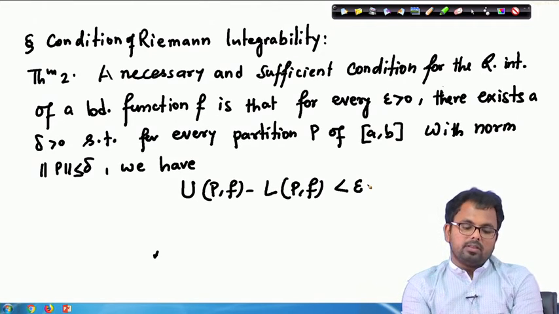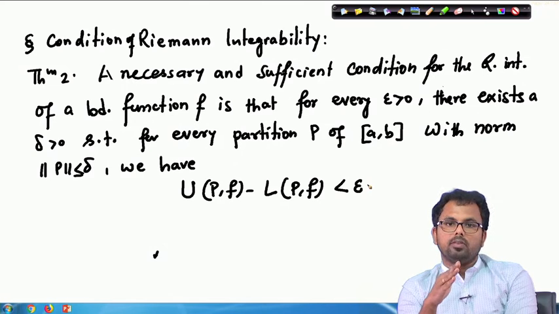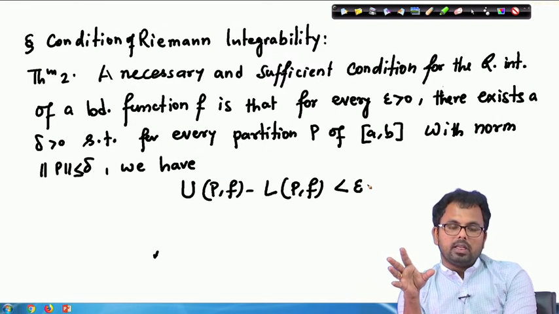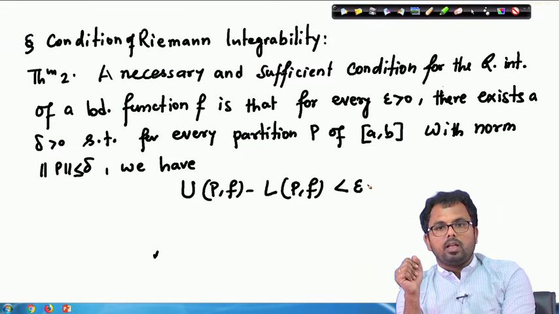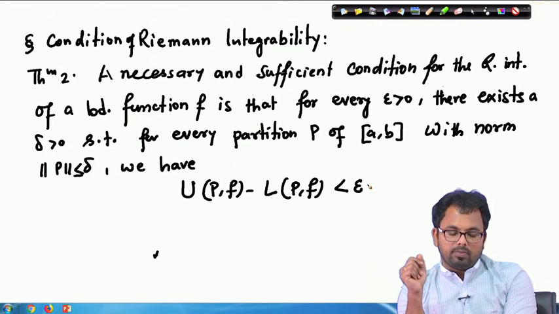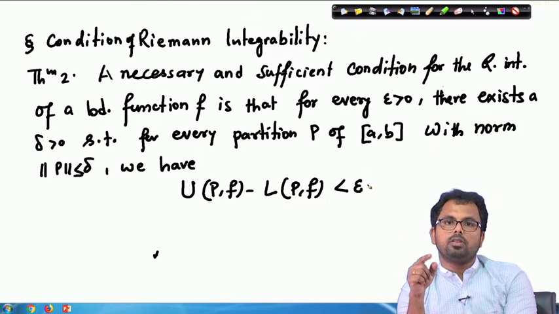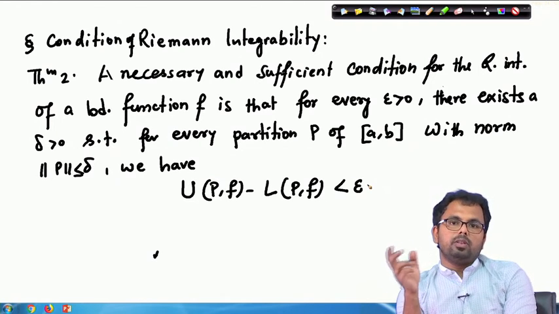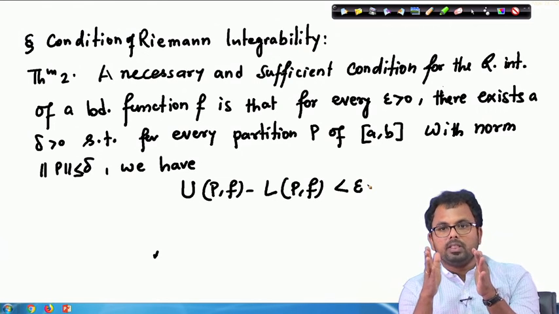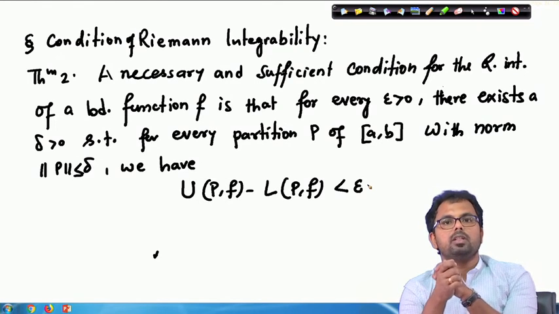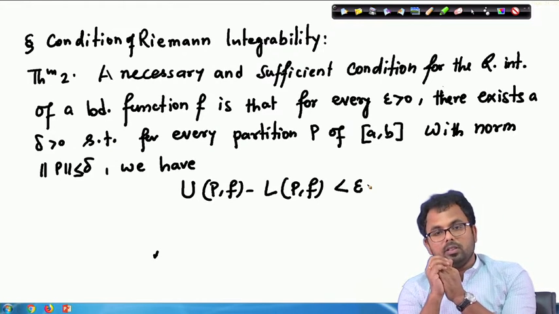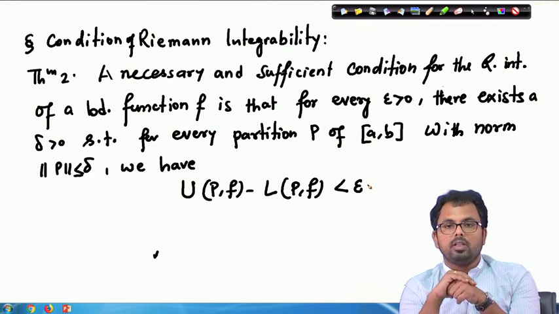This makes sense because if you take the infimum of all the U(P, f) over the partition P, that will give you the upper integral, and if you take the supremum of all such L(P, f), that will give you the lower integral. We say that the function is Riemann integrable when the lower integral and the upper integral are the same.